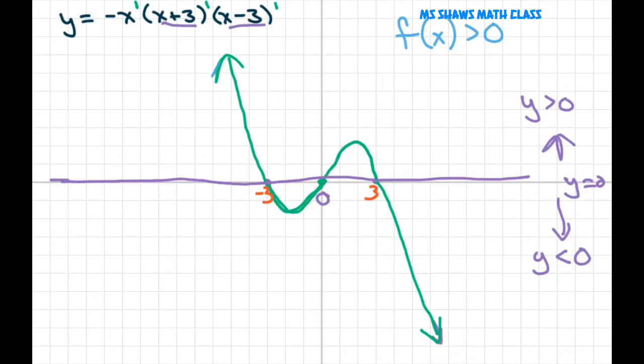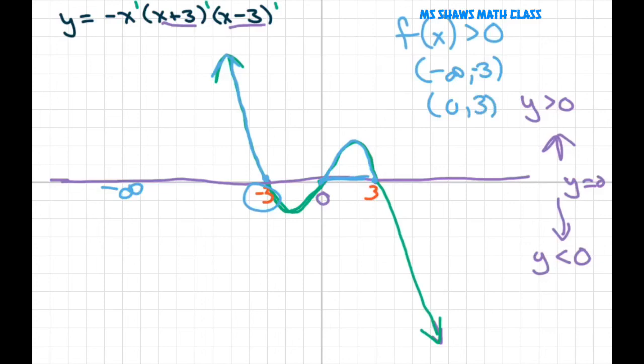So just look, it's right here. It's above the graph of y equals 0 here, and also this piece. So this first piece is negative infinity to negative 3. And this piece is from 0 to 3.